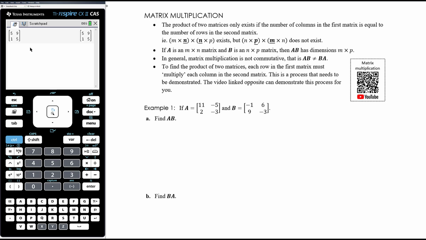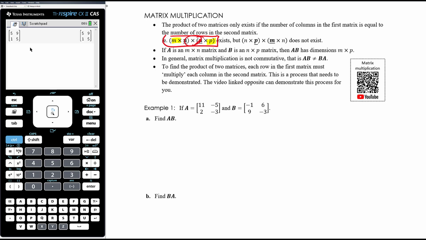If A is an m by n matrix and B is an n by p matrix, then AB is possible because of those matching middle numbers. The matrix that we end up with will be an m by p matrix. So the two middle numbers, when we write out the two dimensions in order, must be the same for the multiplication to exist, and the size of the matrix we end up with is equal to the two outer numbers.